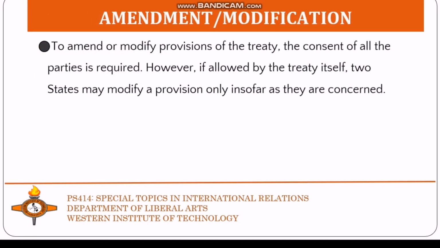Next, we have the amendment or modification. To amend or modify provisions of the treaty, the consent of all parties is required. However, if allowed by the treaty itself, two states may modify provisions only insofar as they concern themselves.